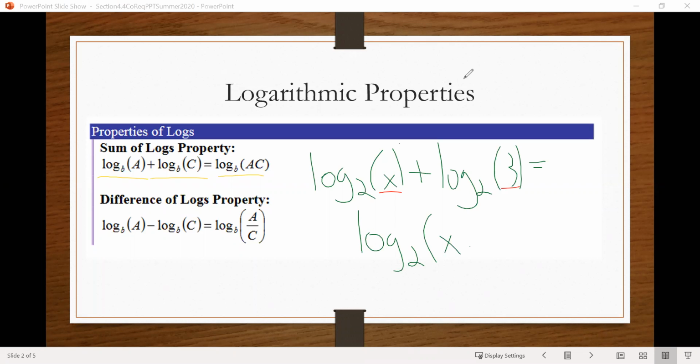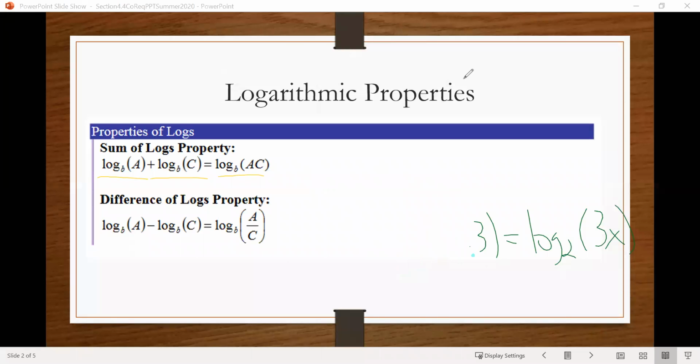So of x times 3, which just becomes log base 2 of 3x. As you can probably imagine, this is going to be useful for us to solve some equations that involve logs.